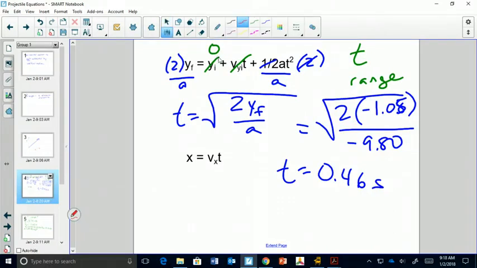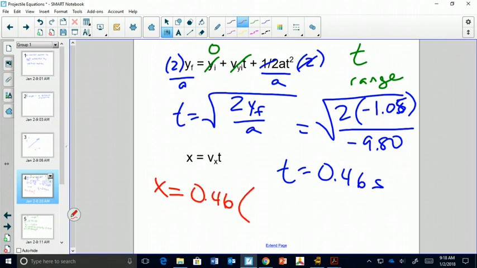If I want to know what's the range, how far it went in the x, are you comfortable? I'm just going to use this equation here. I want to know distance. Distance is x, so I need the velocity in the x times the time. So what was my time? How long was it in the air? 0.46.